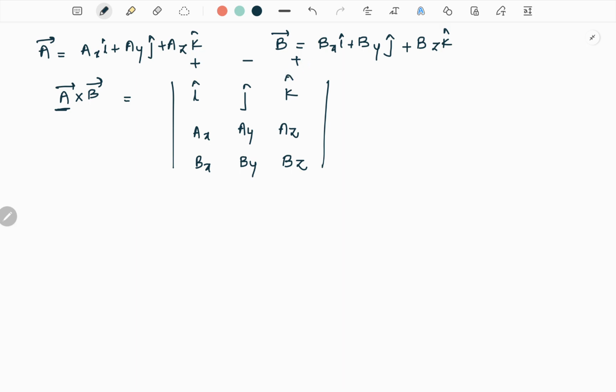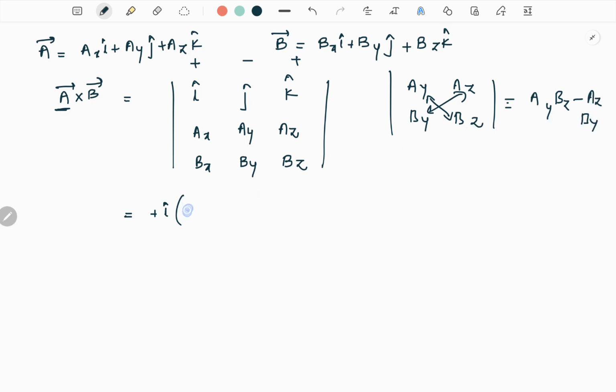I hope you have learnt about cofactors and minors in math. First we'll write plus i cap, then close the row and column containing i cap. We'll be left with Ay, Az, By, Bz. The determinant of this 2x2 matrix would be Ay Bz minus Az By.